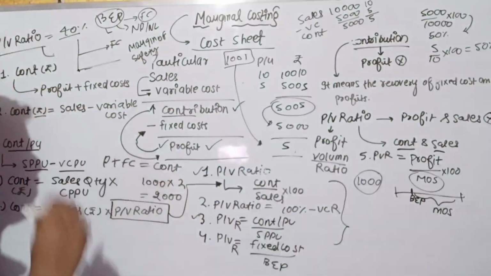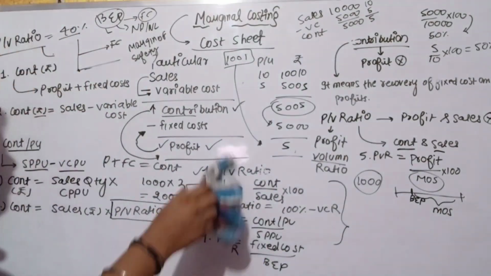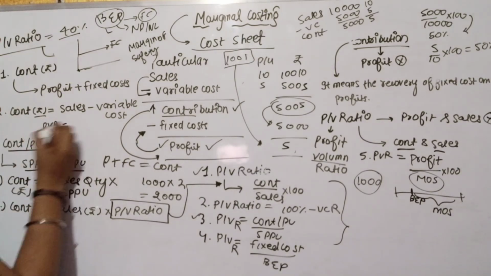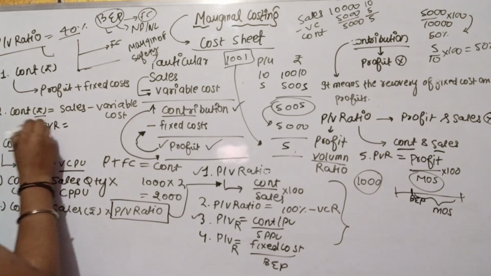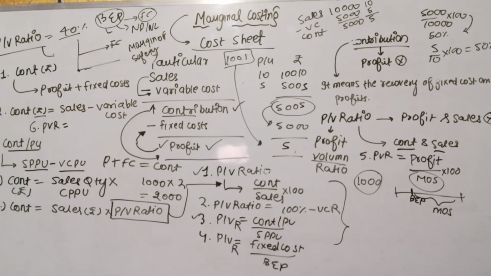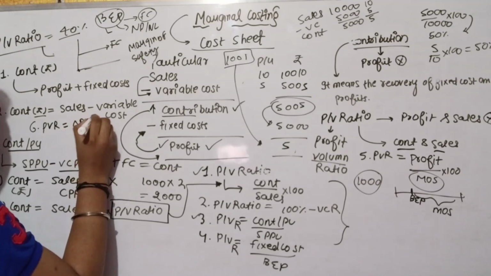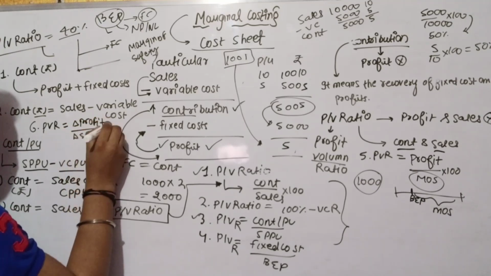We will be learning it as well. Now we have done 5 formulas for PV ratio. Let me write it here because I am running out of space on the board. The sixth formula for PV ratio. Guys, please pay attention. What is the sixth formula for PV ratio? It is change in profit divided by change in sales.